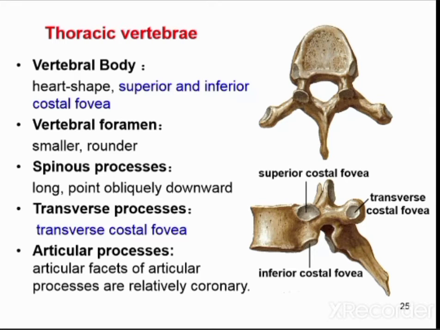It's special. Is that clear? Because this costal facet can articulate with the ribs. They can form the thoracic cage. Only thoracic vertebrae have costal facets. Is that clear? Only thoracic vertebrae.